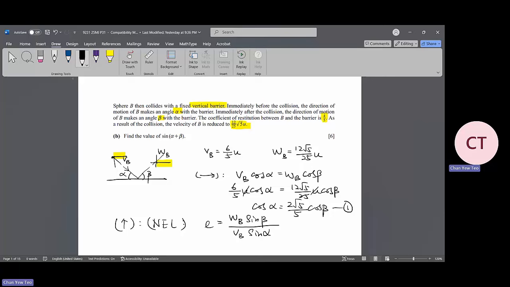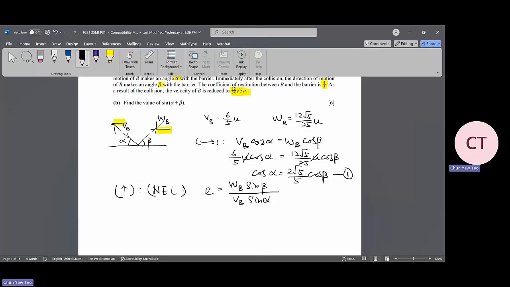We already know that e is 4 over 5. So we have 4 over 5 of the VB sine alpha is equal to 12 root 5 over 25 u sine beta.